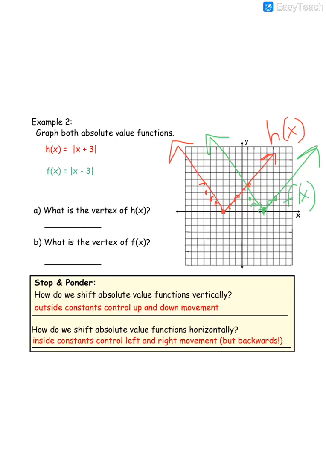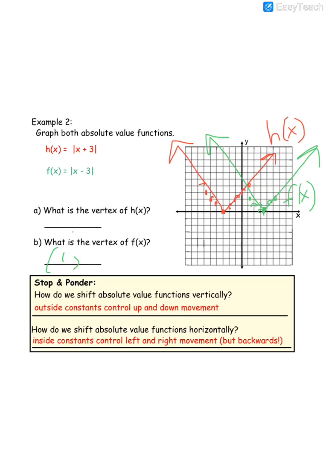Okay, what is the vertex of h of x? So h of x, the vertex was 0, -3. The vertex of f of x was at 0, I'm sorry, totally did that wrong.